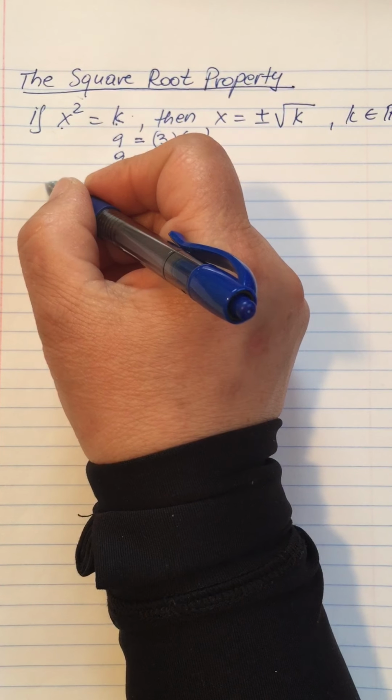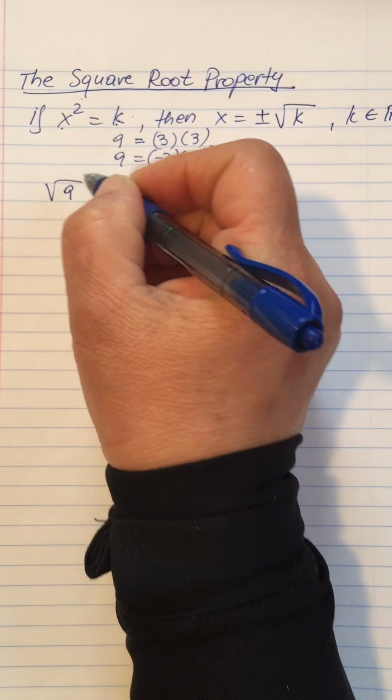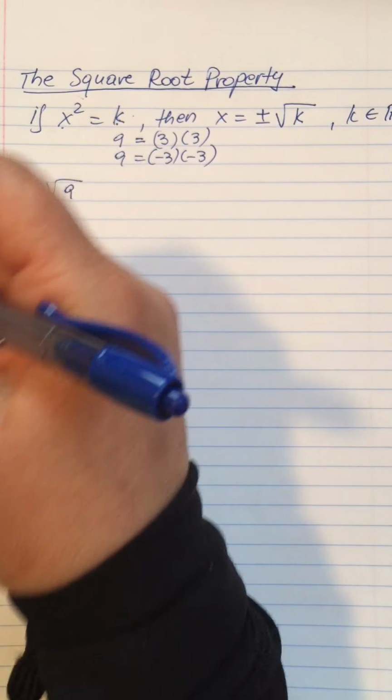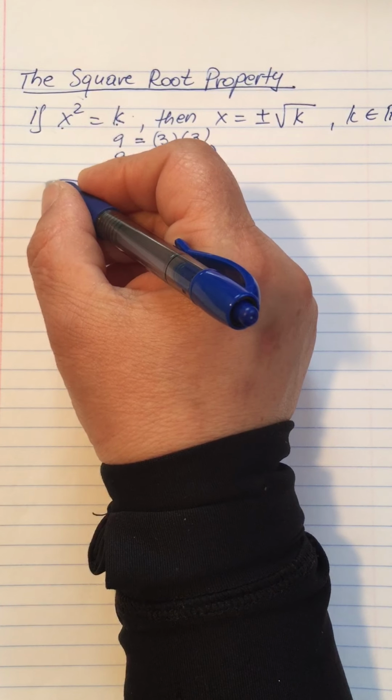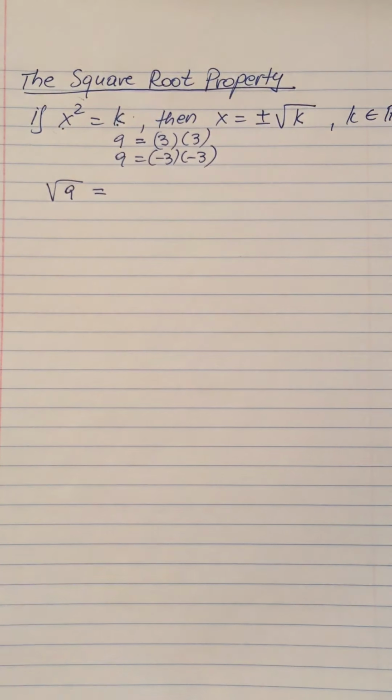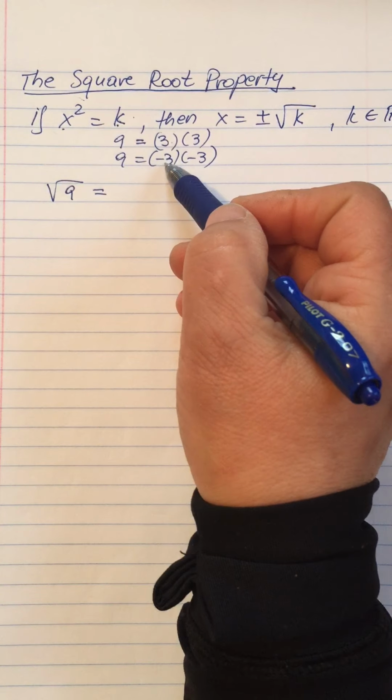We discussed this when we worked with numbers. So when we ask what are the square roots of 9, we say the square roots of 9 are positive 3 and negative 3.